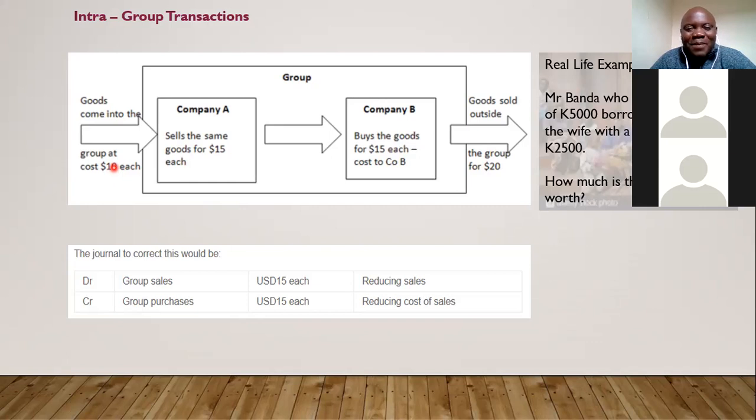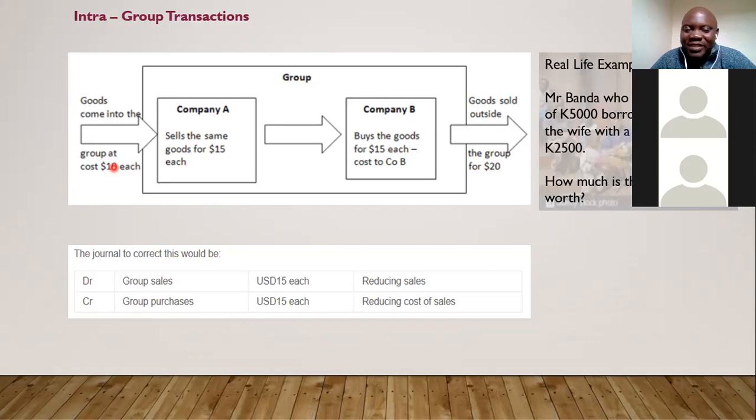Then company B sells the goods to the outside world at $20. So if we want to do the consolidation, we'll need to make some necessary adjustments on all those intra transactions.